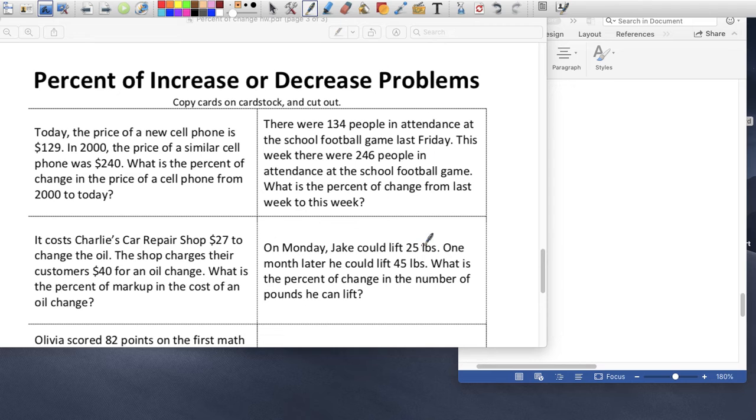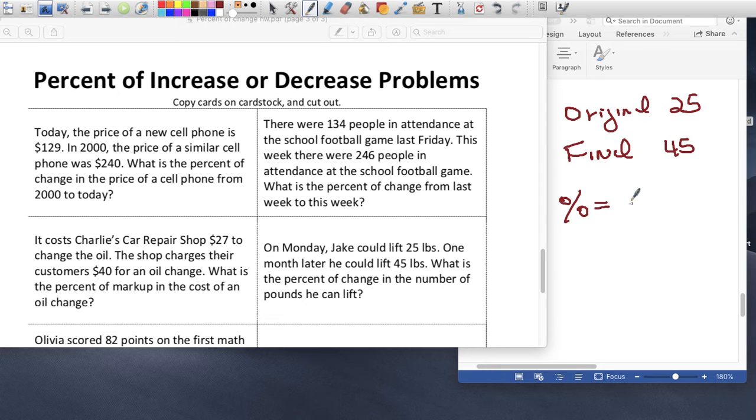On Monday, Jake could lift 25 pounds. One month later, he could lift 45 pounds. What is the percent of change in the number of pounds he can lift? So obviously he got stronger, right? So the original weight he could lift was 25, and the final, what he can lift right now, is 45 pounds.